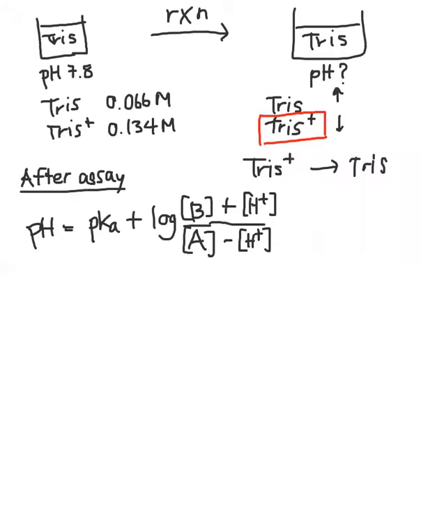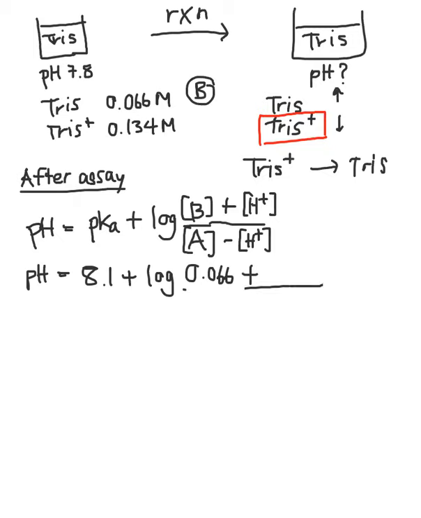So pH, you have to find, and pKa will be the pKa of Tris, which is 8.1, plus log B. The value of B is 0.066 and the value of A is 0.134.